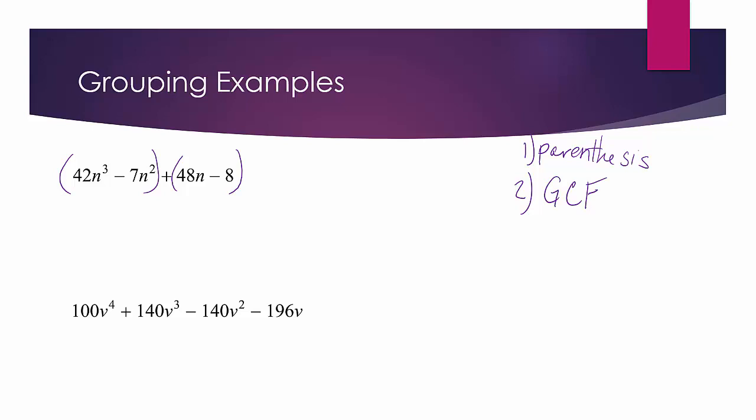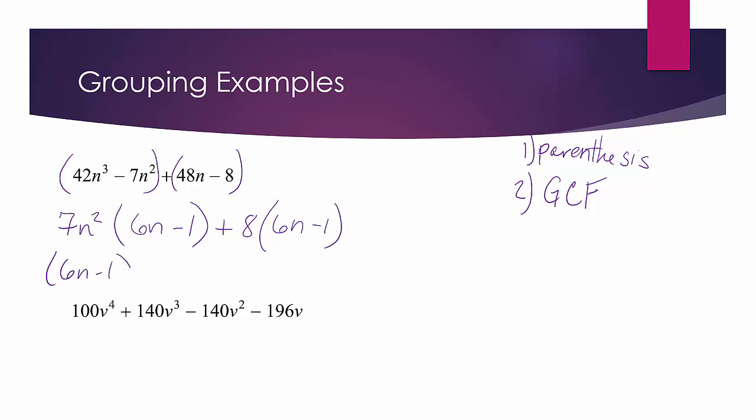All right, so this is 7n squared times 6n minus 1 plus 8 times 6n minus 1. And that is 6n minus 1 times 7n squared plus 8. And then we do the GCF again, and then we check our work.